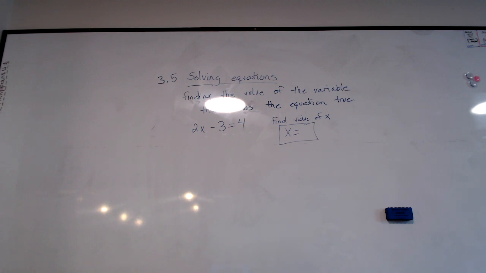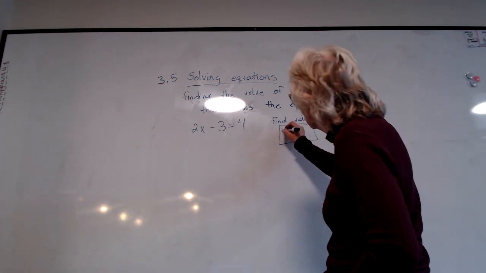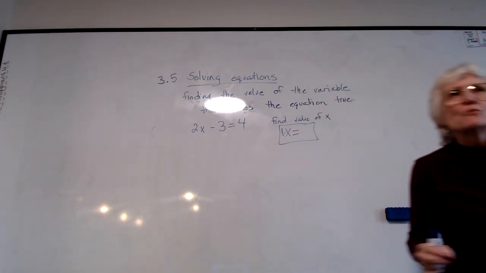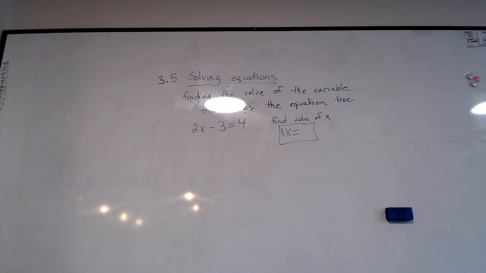Another way of writing that is 1x equals, because that's what we're really trying to find. What is 1x equal? X. 1x is the same as x because we have an implied 1 in front of it.